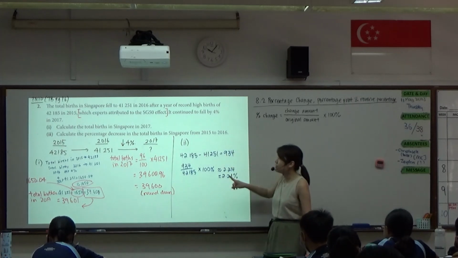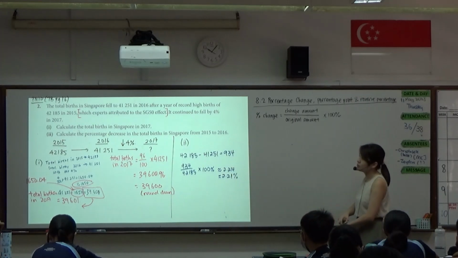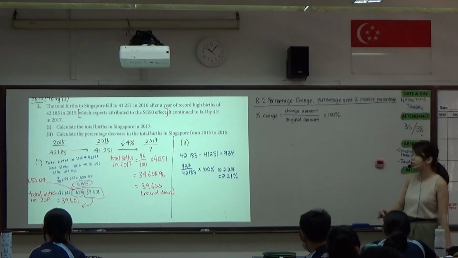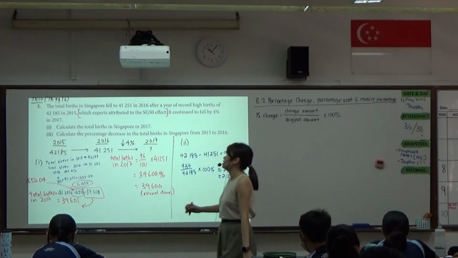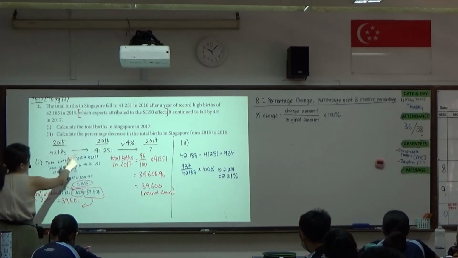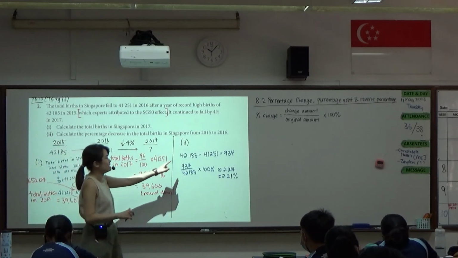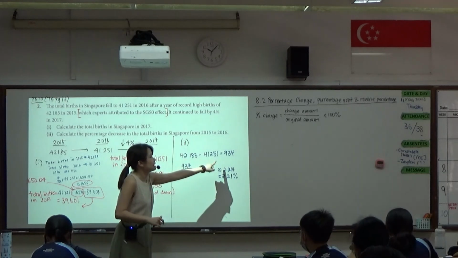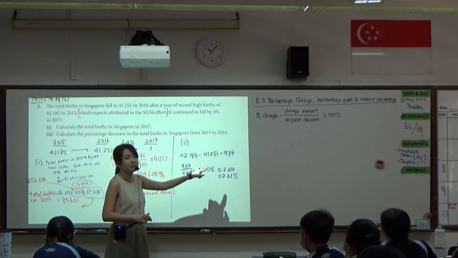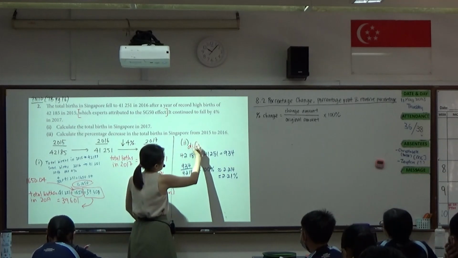Moving on to part 2, we want to find out the percentage increase in the total cost from 2015 to 2016. What Trina has done is to calculate the difference in cost. This statement here is the difference in cost, so write that down.